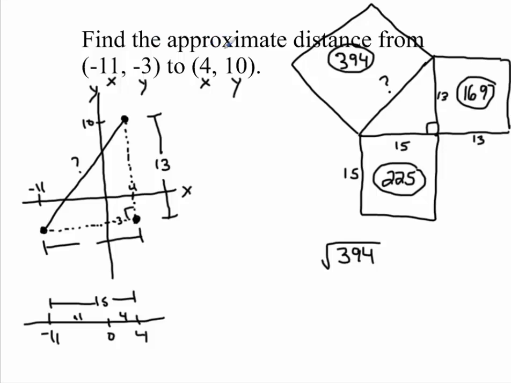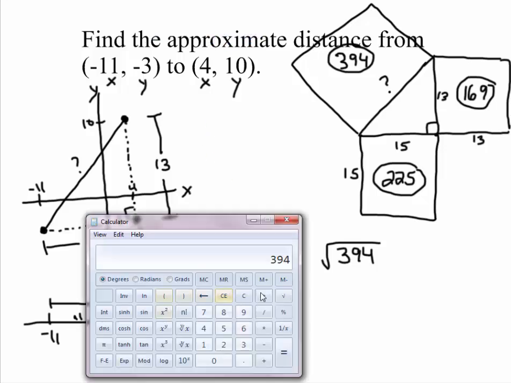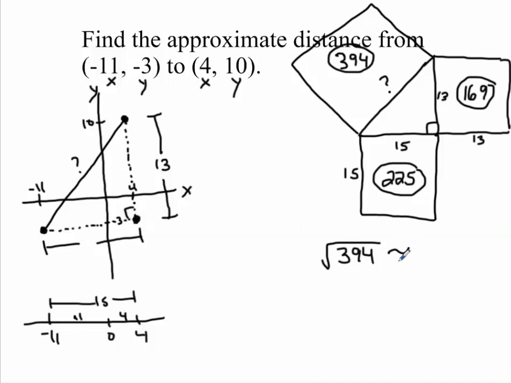Since they asked me to approximate the distance, I'm going to use my calculator, take the square root, and round it to the nearest tenth. So the final answer here: we'll use this symbol to show that we rounded. The square root of 394 is approximately 19 and 8 tenths.